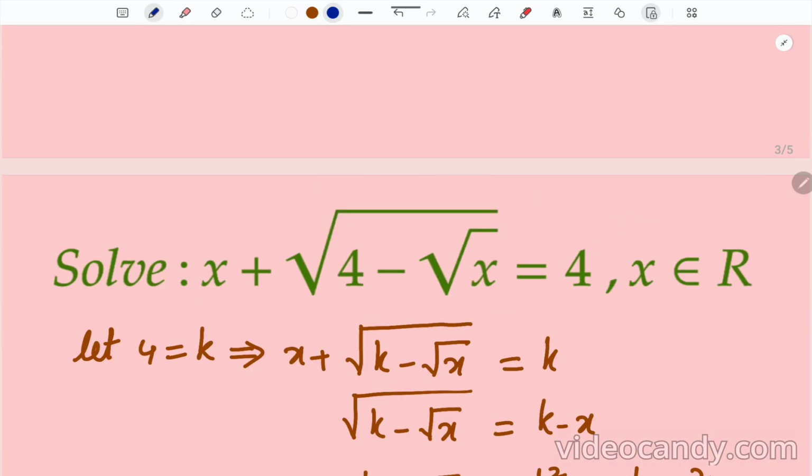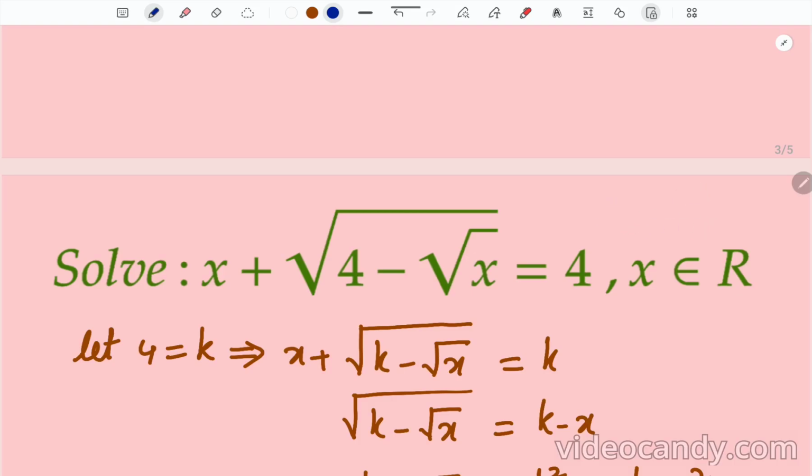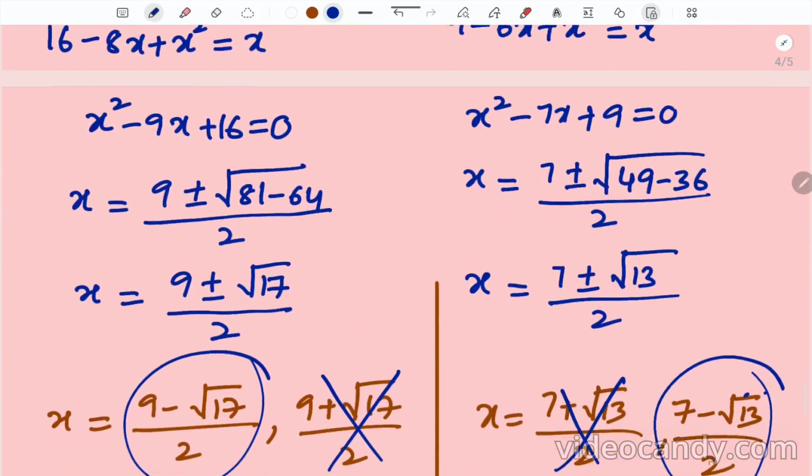If you substitute the second value, 7 minus root 13 by 2, you will get the LHS equal to 3, while the RHS is going to be 4. Therefore, it will not satisfy. Therefore, we can conclude the first one will be the solution of this equation.